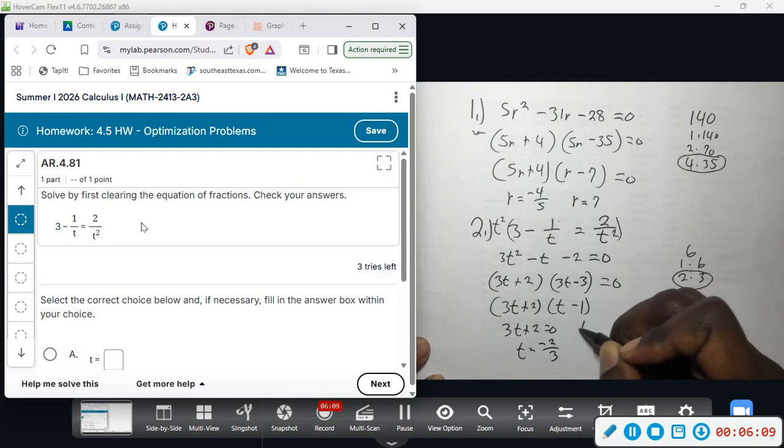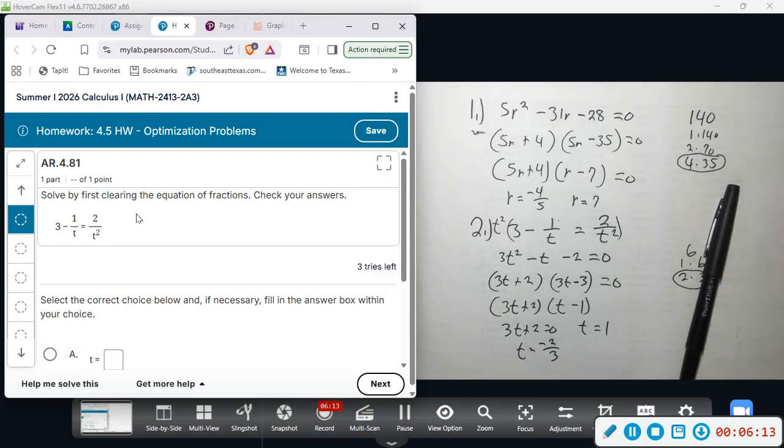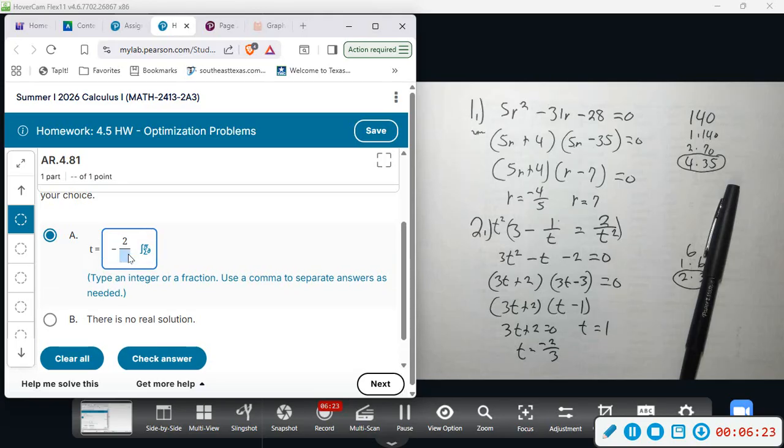And then we get t equals 1. Negative 2 over 3 and 1.